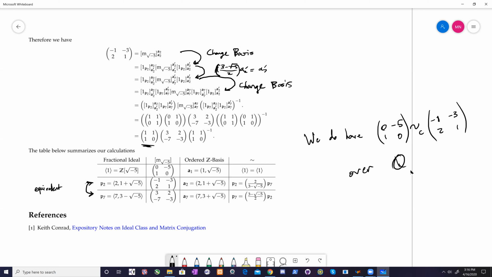But in order to conjugate it over to this guy, we have to use a matrix from Q. And that follows from basic linear algebra.